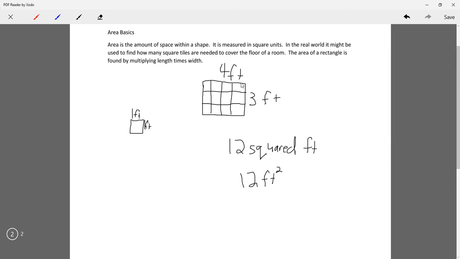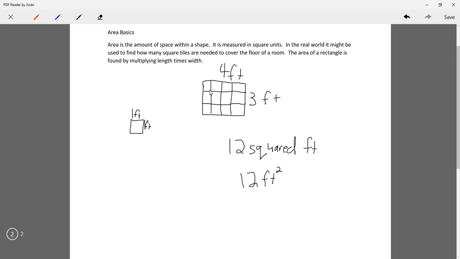And then I split this into 3 rows for 3 feet. And there are 1, 2, 3, 4, 5, 6, 7, 8, 9, 10, 11, 12. There are 12 square feet in this.